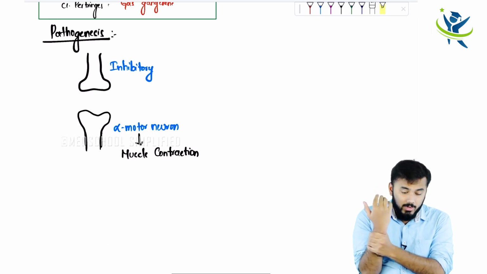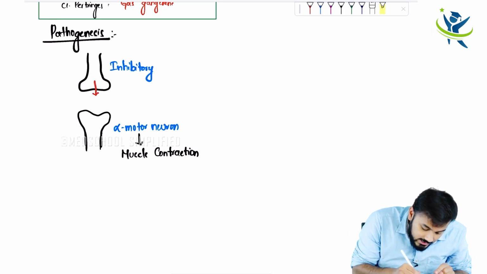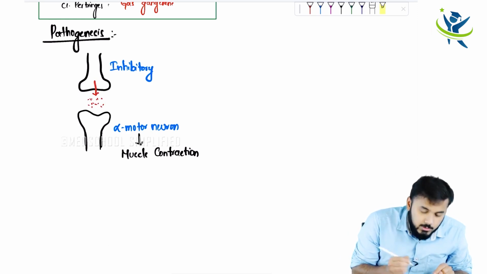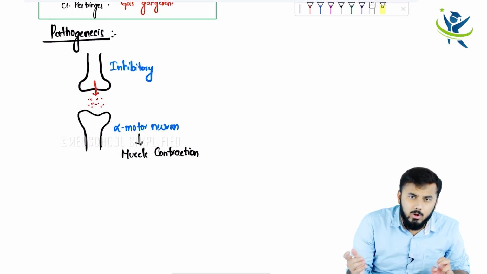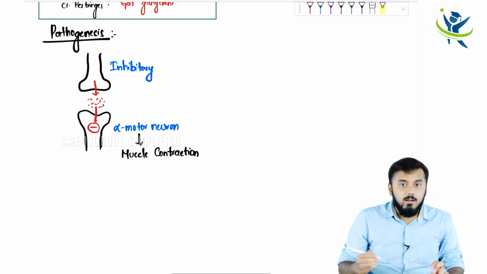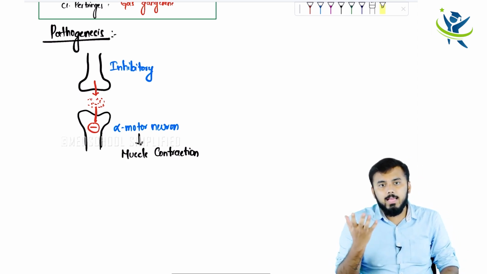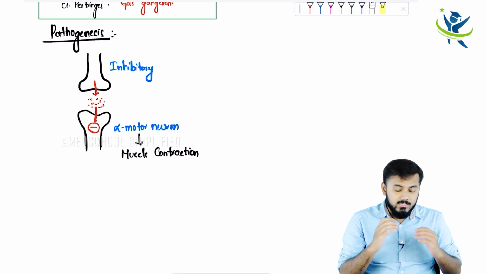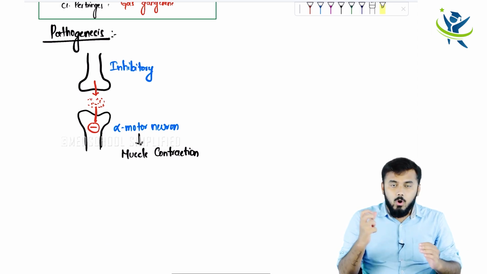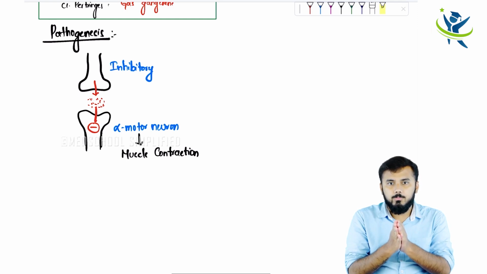So who is relaxing your hand? This inhibitory neuron releases inhibitory neurotransmitter like GABA, glycine and all. This inhibitory neurotransmitter inhibits the alpha motor neuron, and that's when there is no muscle contraction and you relax your hand. So this is how contraction and relaxation are happening vice versa in your body.